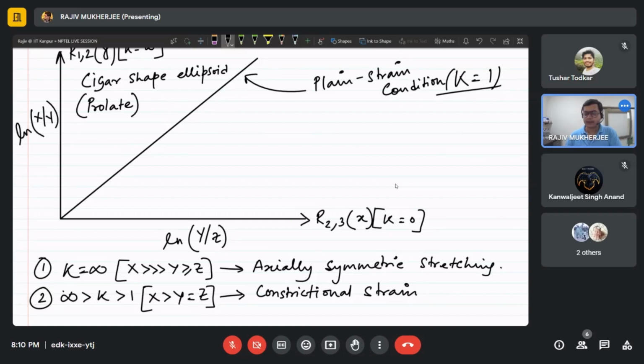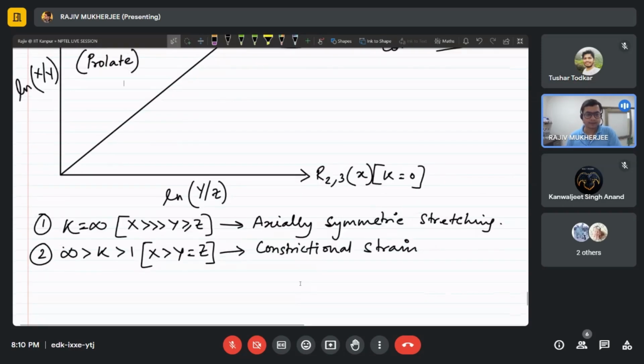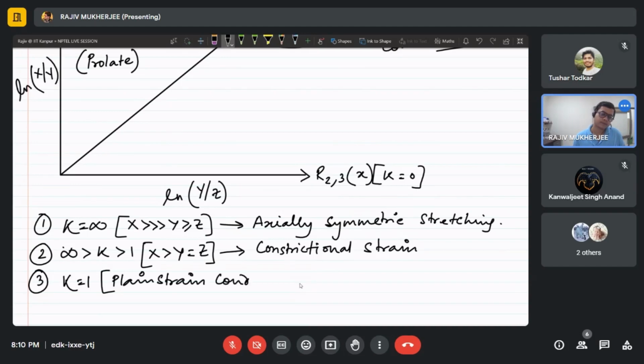Plane strain condition. And then we have k value less than 1, but also greater than 0. This is known as flattening strain.